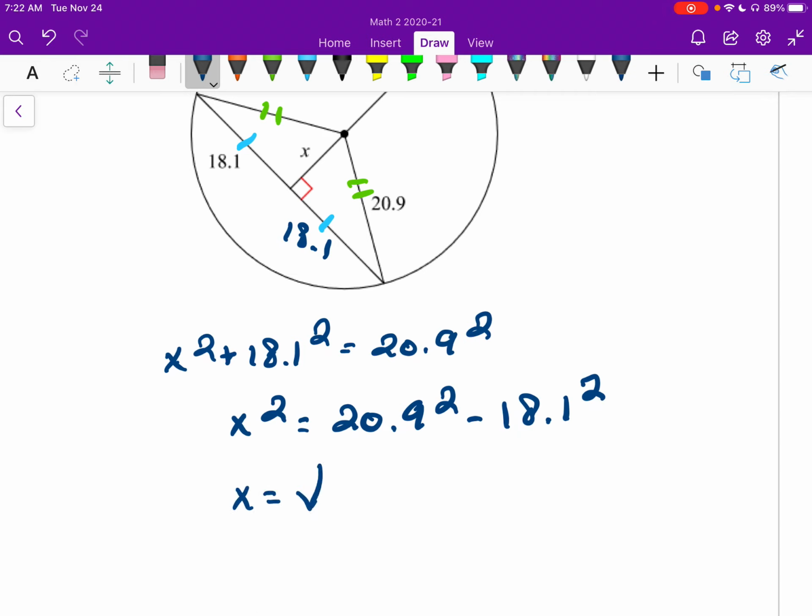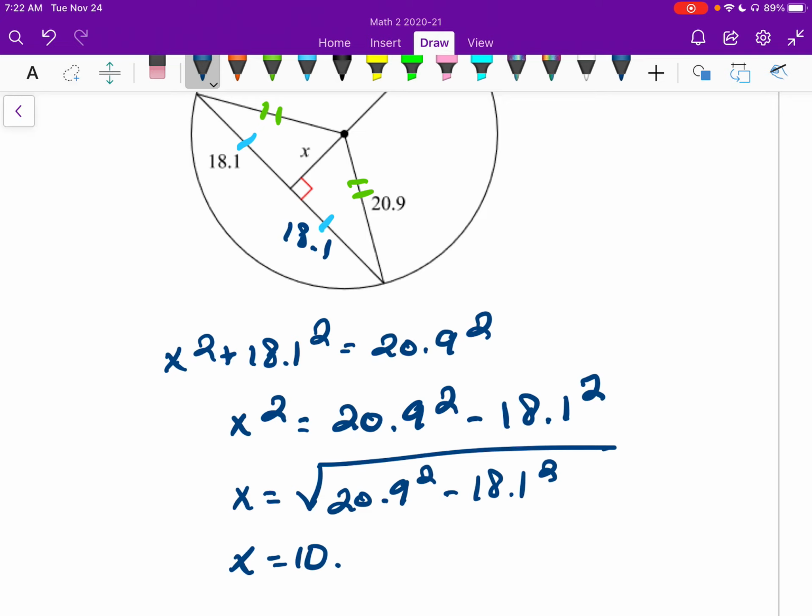X equals the square root of 20.9 squared minus 18.1 squared. Because I just solved it all and I have my x equals, I can just type that in my calculator one time. So big square root 20.9 squared minus 18.1 squared. And I press enter, and x is 10.45.